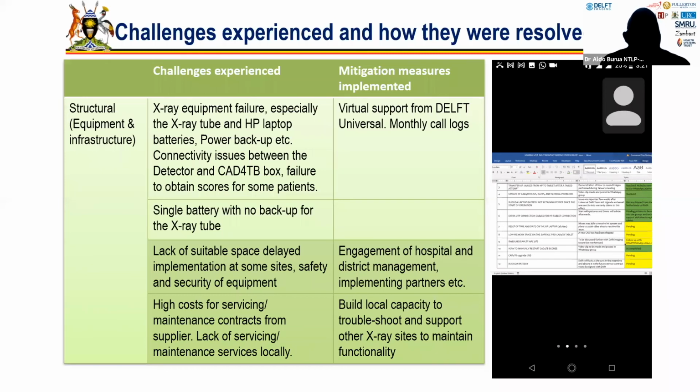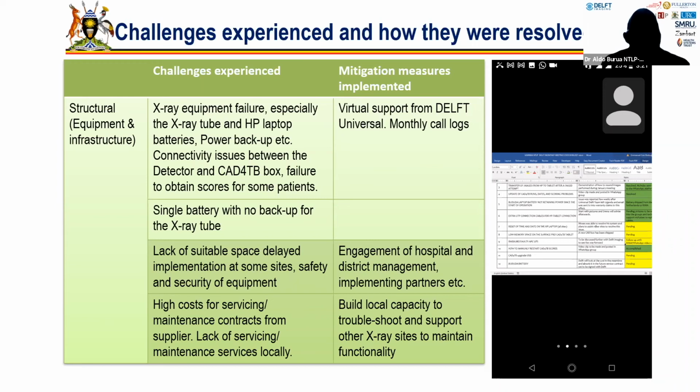Then the other challenge is the lack of suitable space, which delayed implementation at some sites, and the safety and security equipment was not available. We have engaged the hospital and the district management and partners to help in refurbishing the department where we can place the equipment safely. And then there are high costs for servicing and maintenance contracts for this X-ray equipment from the supplier.